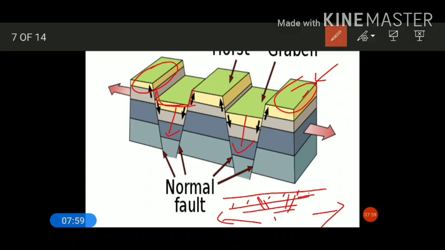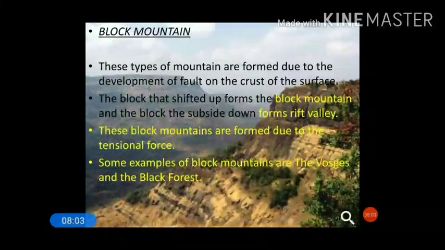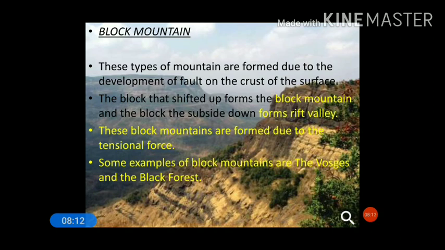So this is the rift valley. These block mountains are formed due to tensional force. Some examples of block mountains are the Vosges and the Black Forest in Germany. So these are two examples of block mountains.